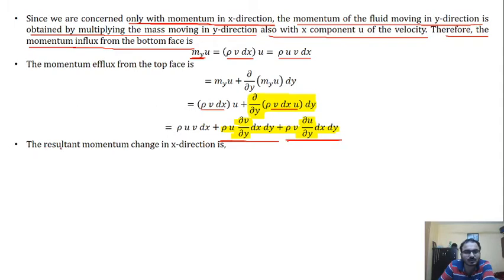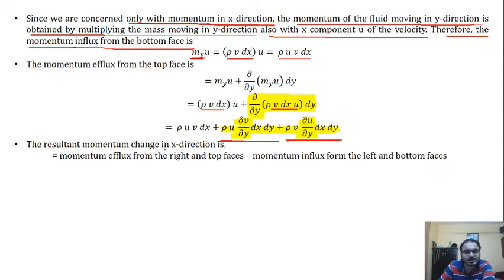So the resultant momentum change in x direction is given by momentum efflux, that is the momentum exiting from right and top faces, minus the momentum influx, that is the momentum entering from the left and bottom faces.